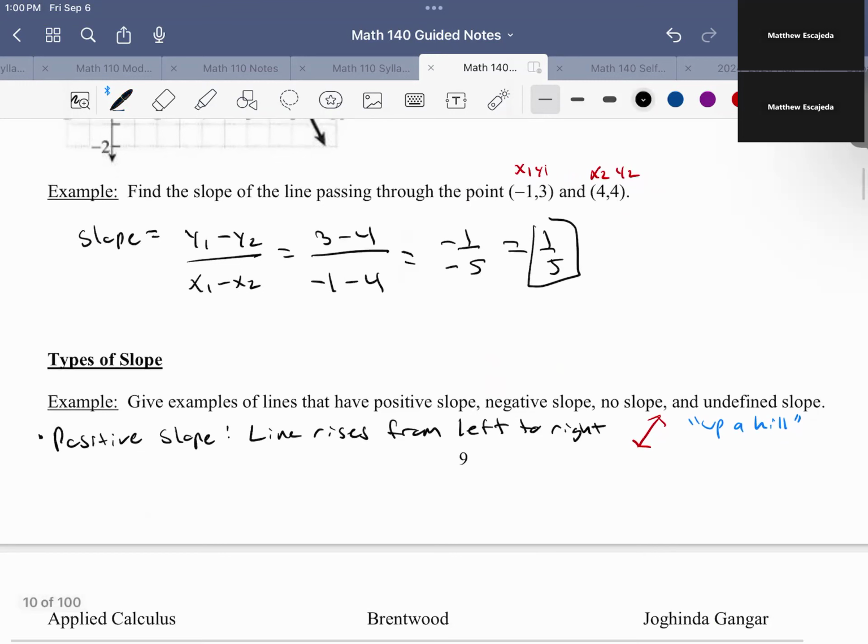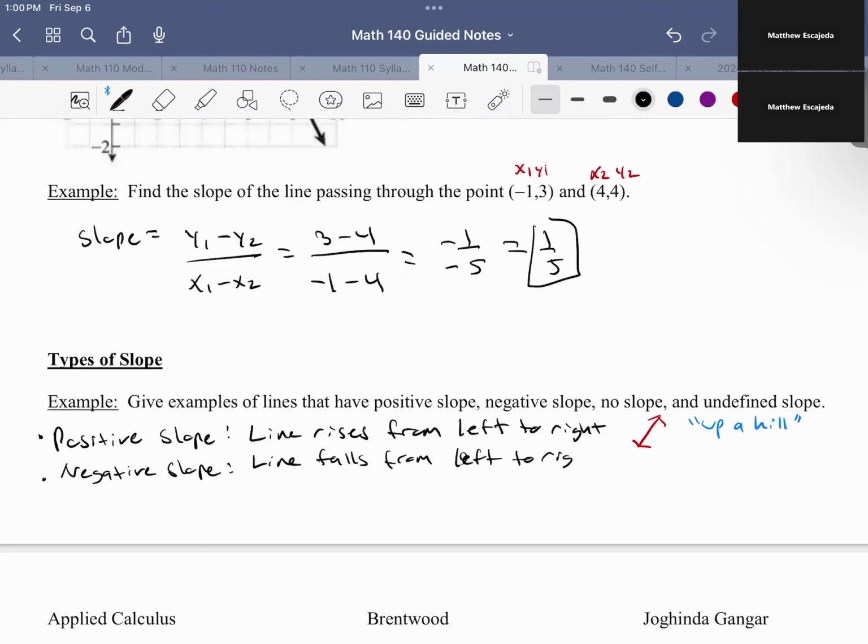Okay, so a negative slope is a line that falls from left to right.